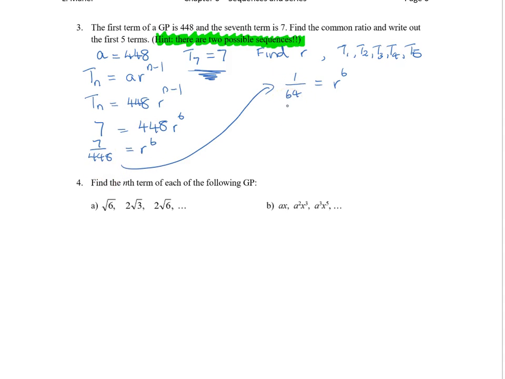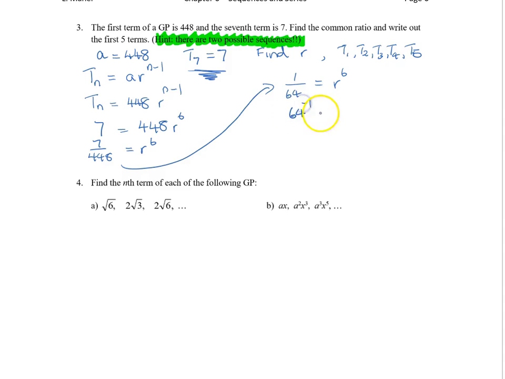And to be honest, I looked at that 7 and 448 and thought, nothing about those numbers is familiar to me. While sometimes the numbers will turn out to be absolutely horrible, in a lot of cases they do choose particular numbers so that the working is pretty nice. And you can see now it is 1 on 64.